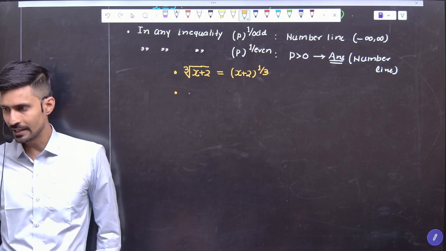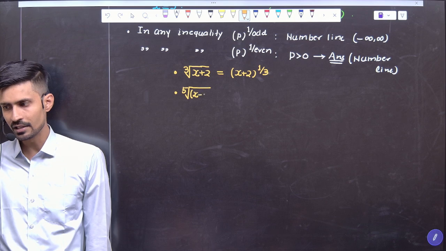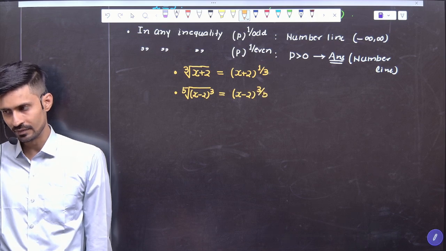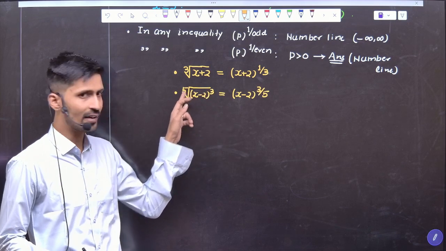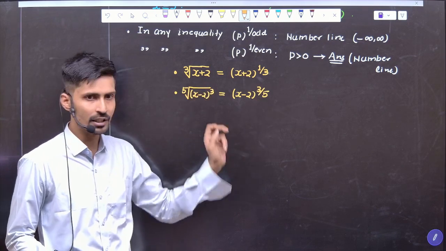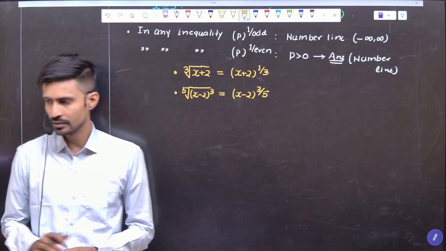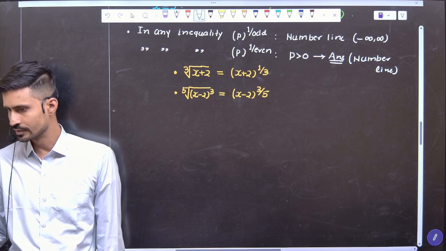So suppose I write a root with 5 here and x minus 2 raised to 3. How will we write this? X minus 2 raised to 3 by 5. 3 is already there, and 1 by 5 comes from the root, so it becomes 3 by 5. Understood? Now let's write that question.